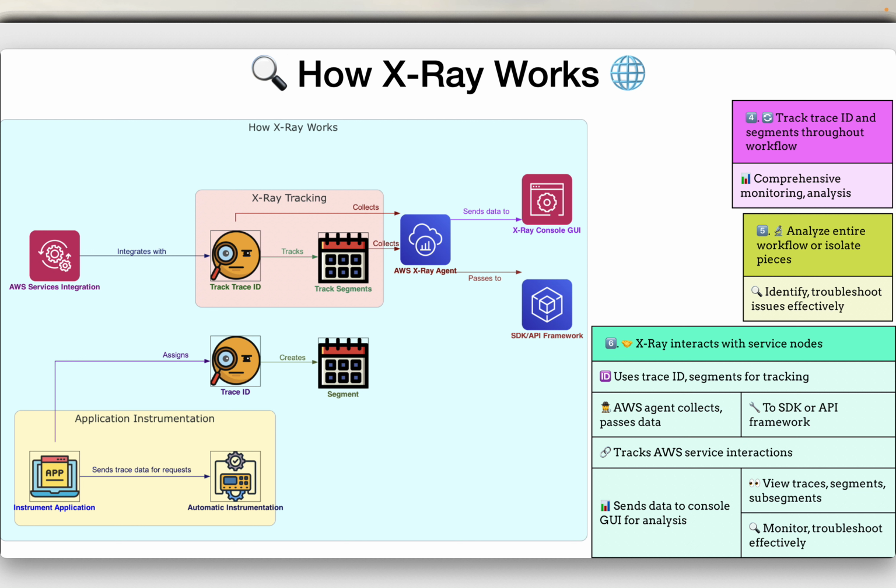X-Ray also tracks interactions with any AWS services that integrate with X-Ray, providing a comprehensive view of the application's behavior. The agent sends data to a console GUI where you can view the information about your traces, segments, subsegments and how these components interact, thus enabling effective monitoring and troubleshooting.